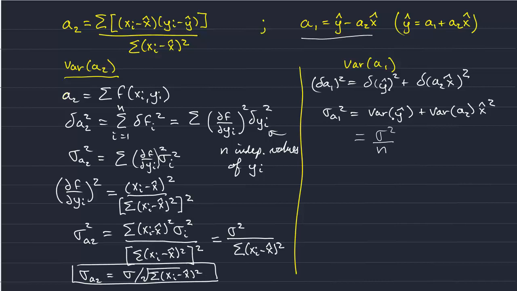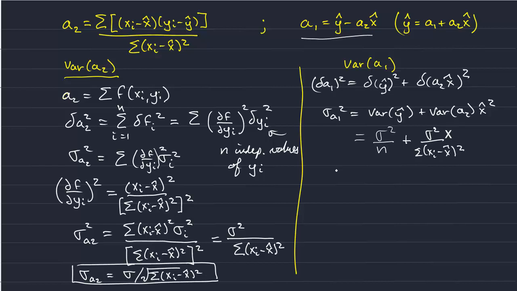So recall that as we sample from a population, the variance of the mean of that sample is inversely proportional to the size of our sample. So that's 1 over n. And then we have the variance of our slope, which is sigma squared divided by the sum of our squared deviations of x from its mean.